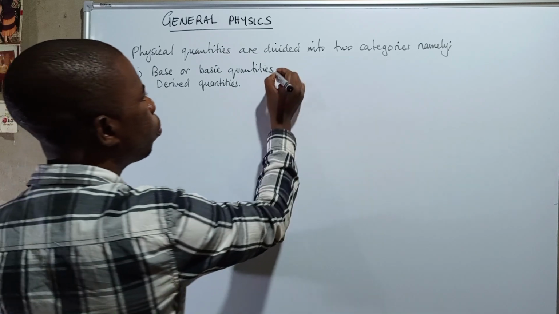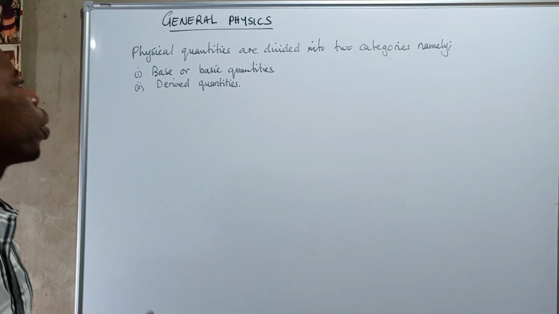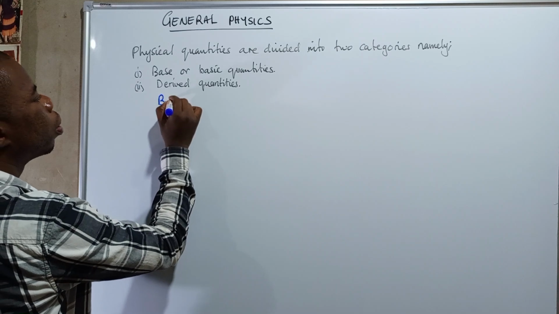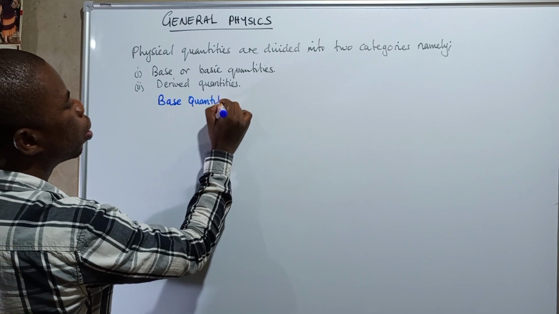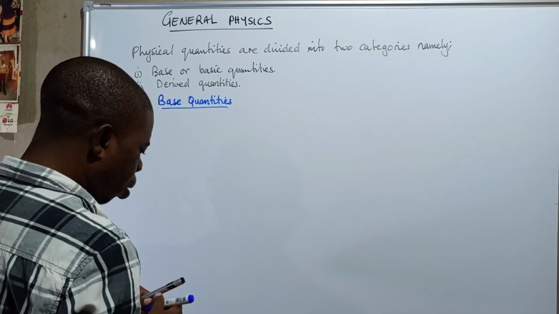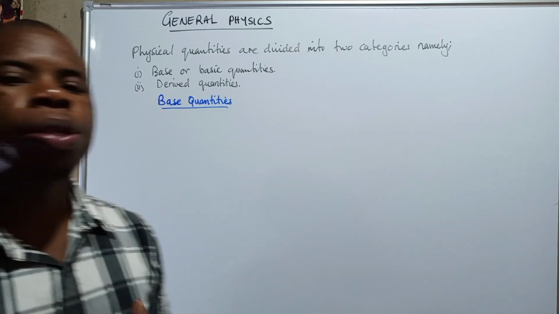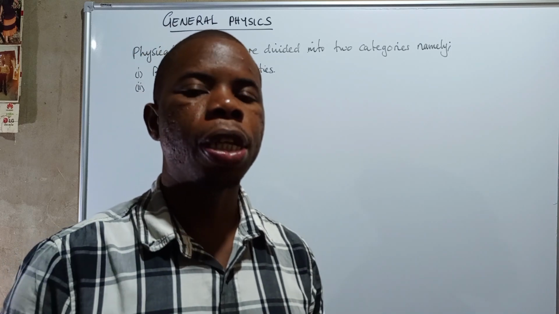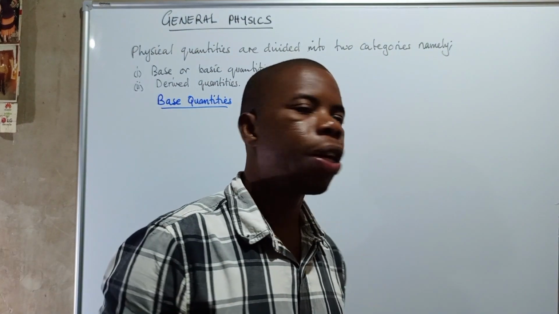So now let's look at what we call base quantities. So now what are these quantities? Base quantities are quantities that cannot be expressed in terms of other quantities, or that cannot be described in terms of other quantities.